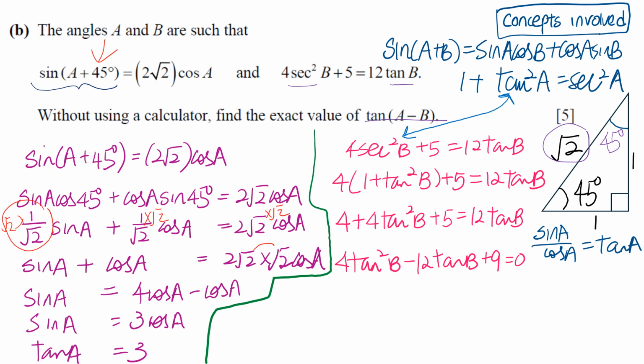And please don't just write down the answer. I know you can use your calculator to find the roots. The calculator will give you x equals to 3 over 2. All right, don't write down this, because in the reports that I've seen, you're actually supposed to explain how you get tangent B equals to 3 over 2.